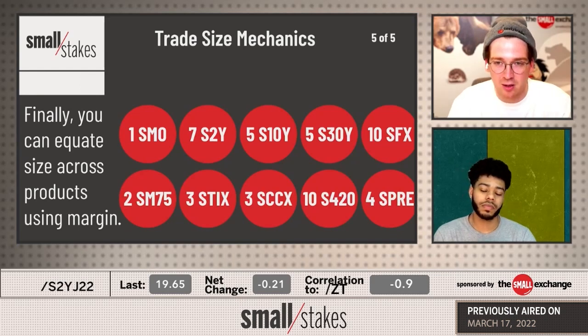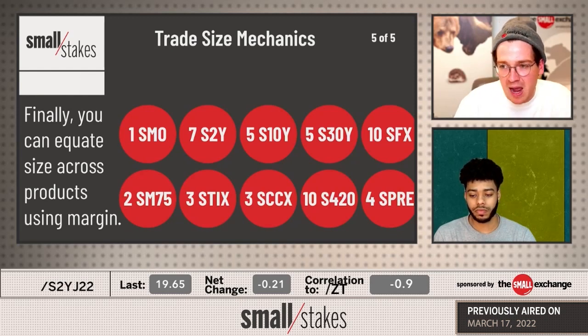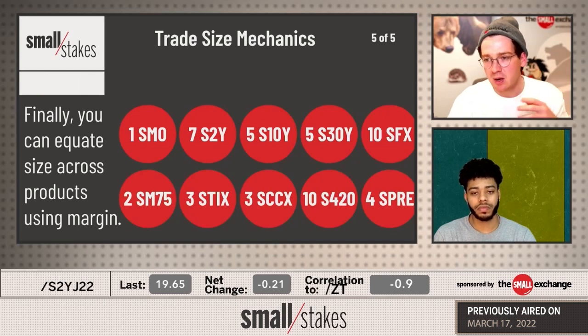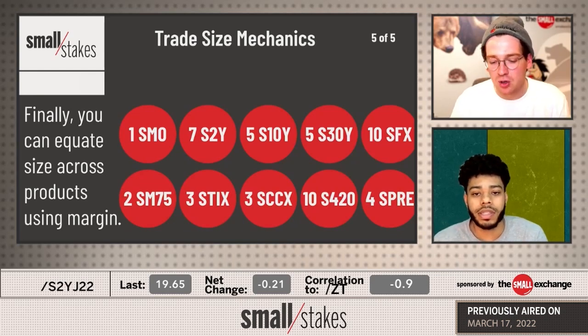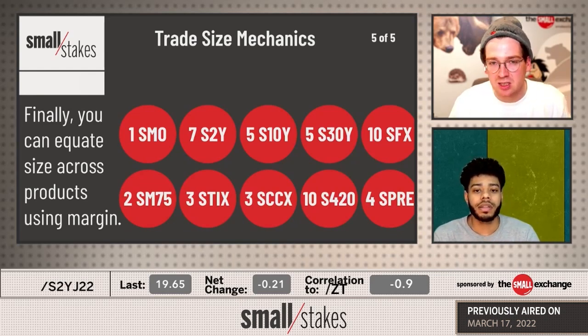Of course, you want to win in all three, but let's be more realistic. I win in two of these markets, and the one bad market, being crude oil in this example, doesn't take away my profits in the other two because I've equated the size there. You don't want to have good and bad days just dependent on the biggest market that you traded.